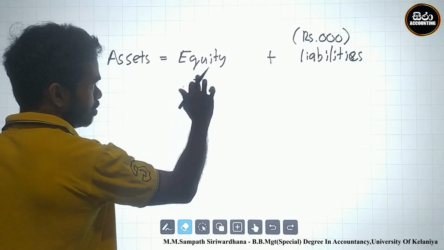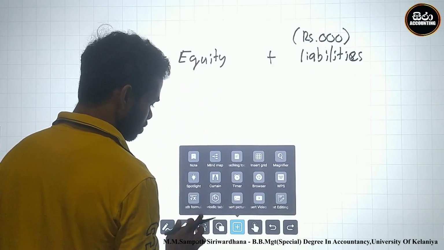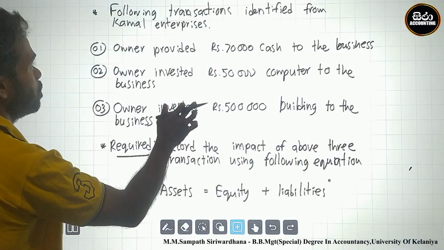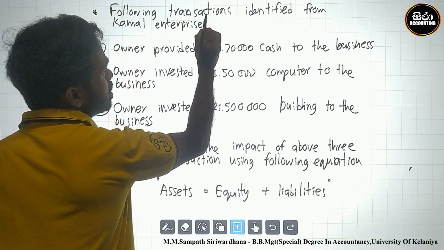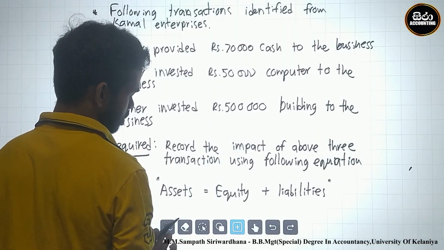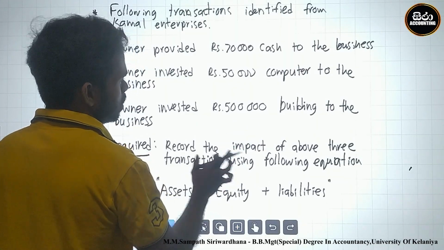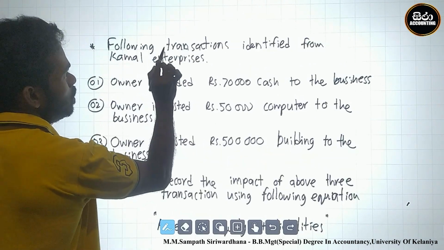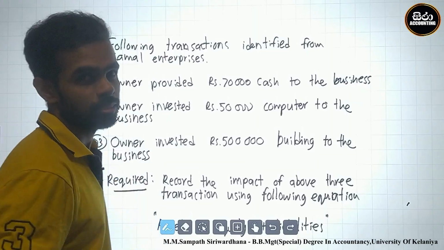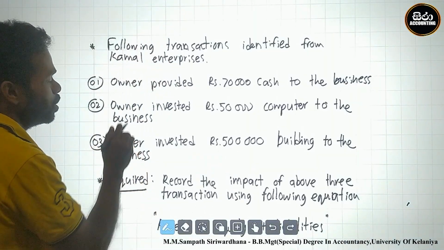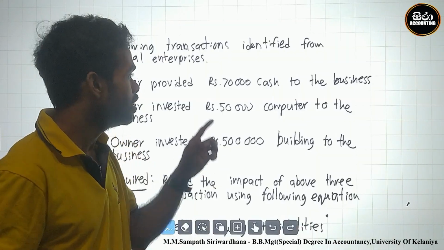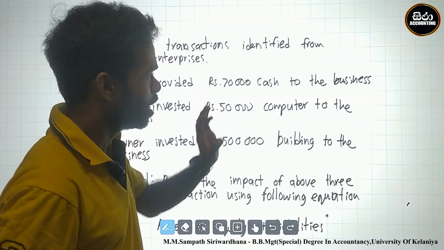Let's see the first transaction. What is the first transaction? Look here, the following transactions are identified from Kamal Enterprises. The owner provided, meaning invested, 70,000 cash.